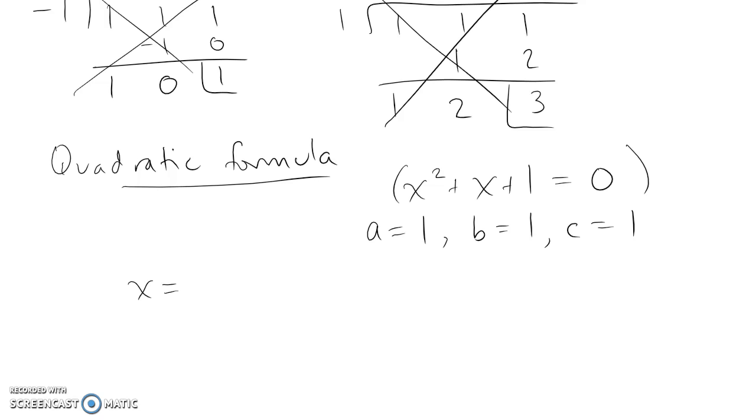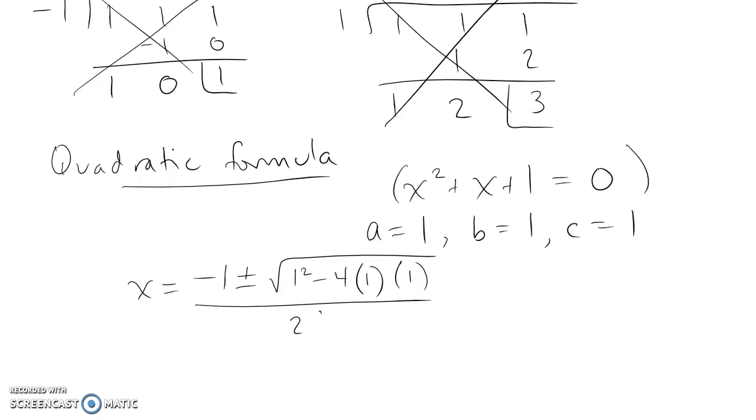And I know that x is equal to the opposite of b, so -1, plus or minus the square root of b squared, which is 1 squared, minus 4 times a, which is 1, times c, which is 1, all over 2a, 2 times 1. We end up getting -1 plus or minus the square root of 1 minus 4. Well, that's a -3 over 2, right?